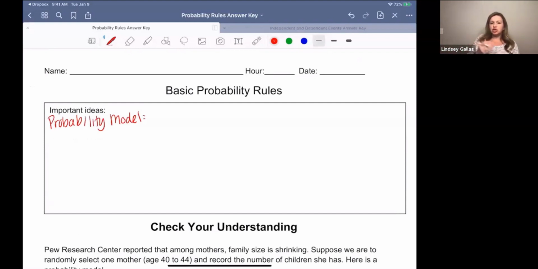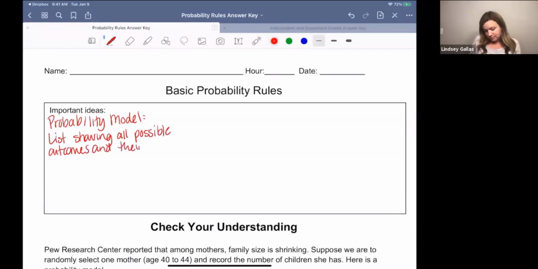A sample space just shows all outcomes. A probability model shows all those outcomes as well as their probability. So it is a list showing all possible outcomes and their probabilities.